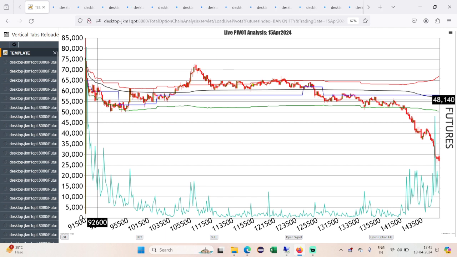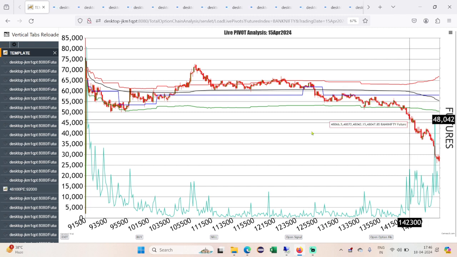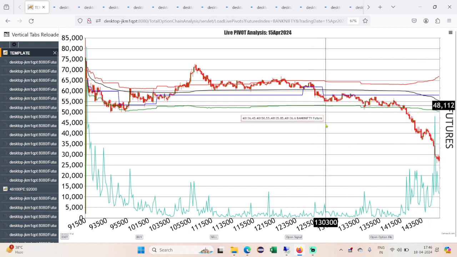See, 15th April was a very dull day. It hardly moved much, but in the afternoon after 2 o'clock it made some movement. Let's see if our signal generator has given us any signals or not.